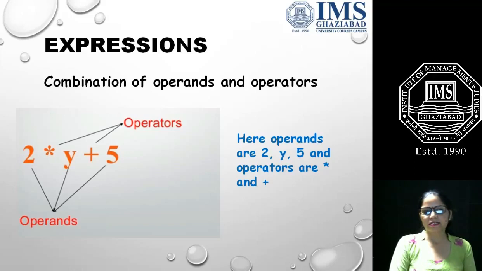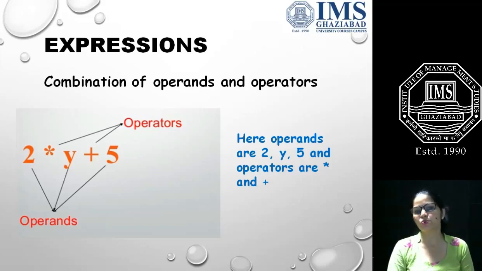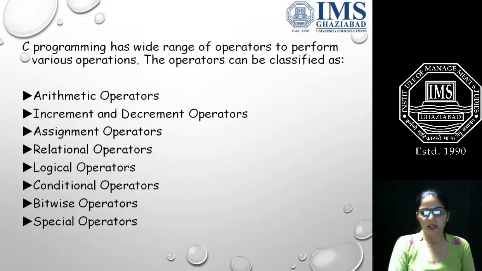Now these operators, plus, minus, multiplication, division and percent, there are many operators which we use in C programming. Let us have an overview of all these operators. C programming has a wide range of operators to perform various operations: arithmetic operators, increment and decrement operators, assignment operators, relational operators, logical operators, conditional operators, bitwise operators and special operators.